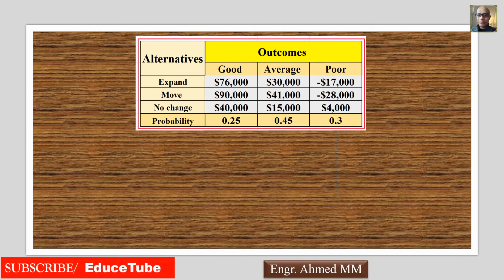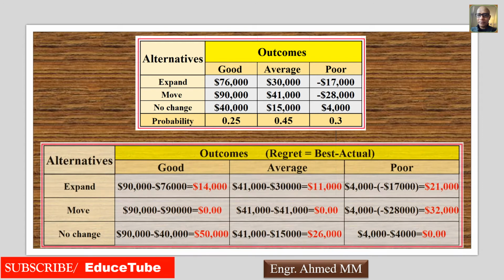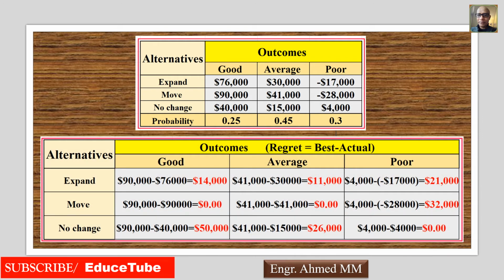So I will use this table to generate this table. How to? Because regret equal to best minus actual. So using this equation, I have to find all these regret values.